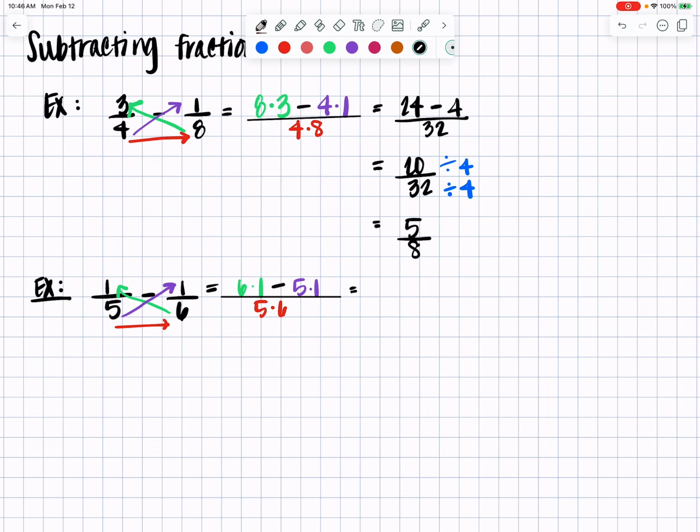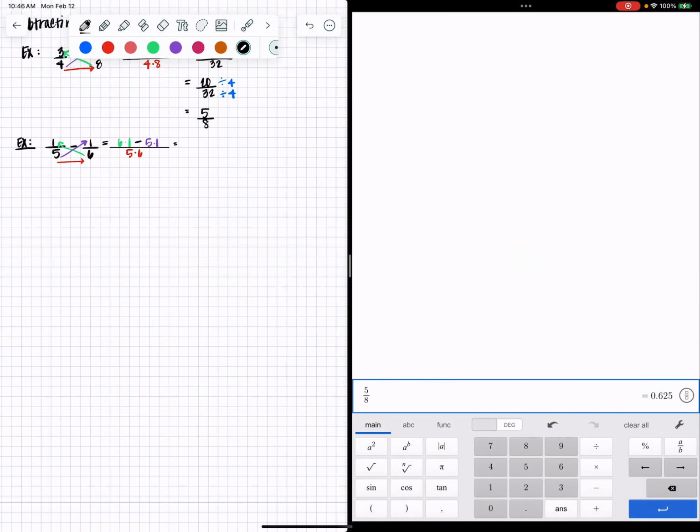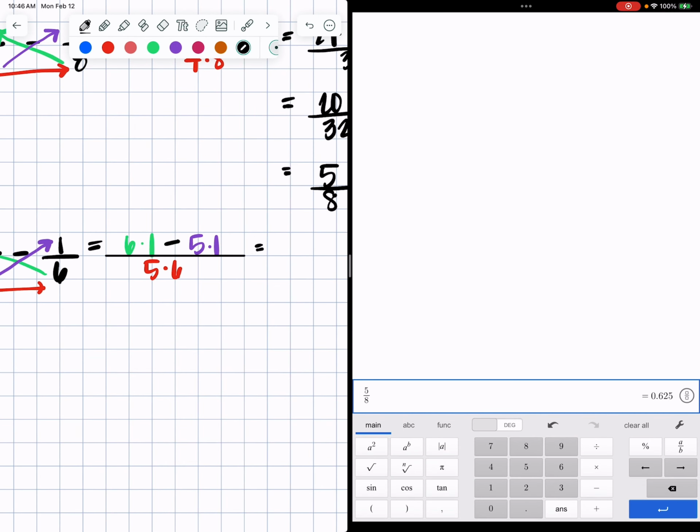So I'm going to simplify. If you want to, from right here, you can go to Desmos. I can show you what that would look like. Because I want the whole fraction at once, I'm going to start with my fraction button, the a divided by b over there on the right.